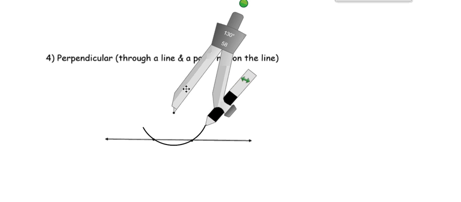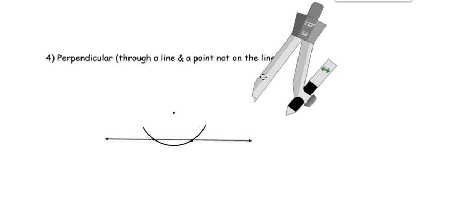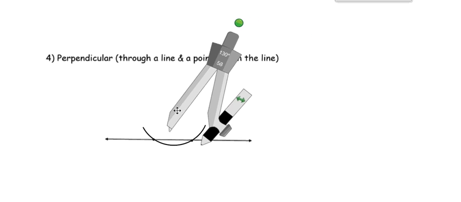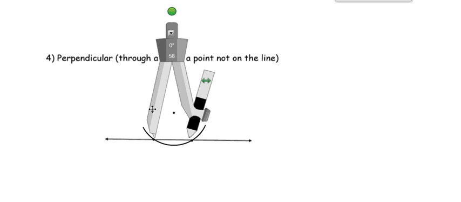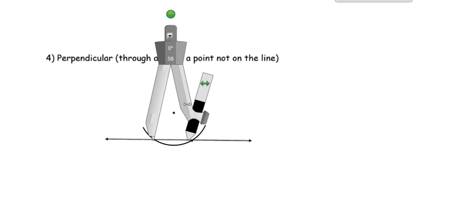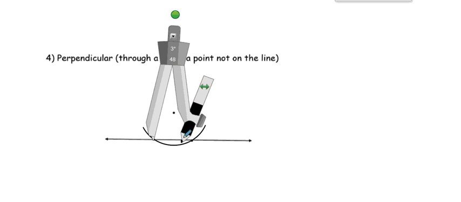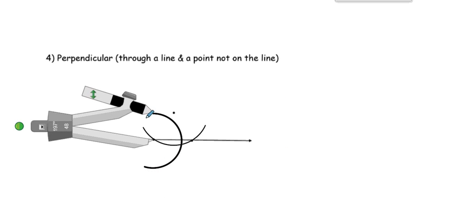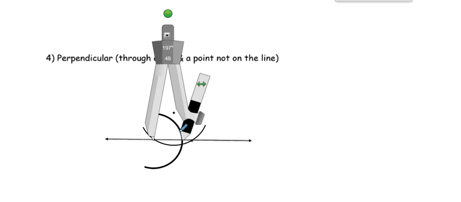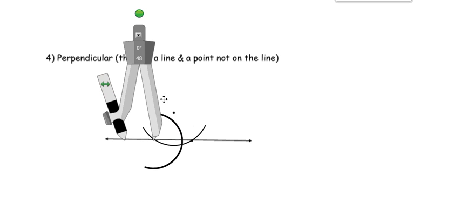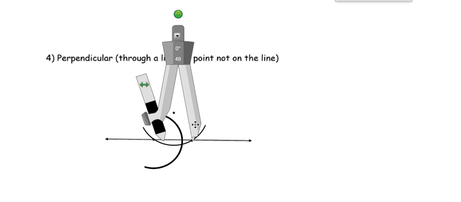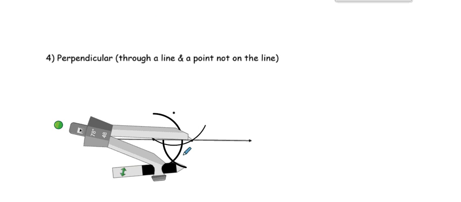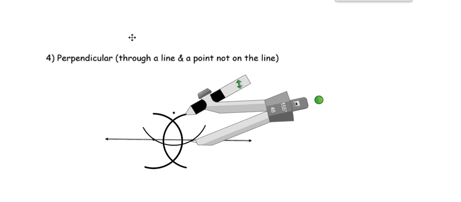Once you have those two endpoints, we can then use the same process as before. Place the point of our compass on one endpoint, open up our compass a little bit more than halfway, and you're going to swing an arc about half of a circle. Then you will do the same exact thing. Do not change the radius of your compass and place the point of your compass on the other endpoint. Swing an arc about half of a circle.